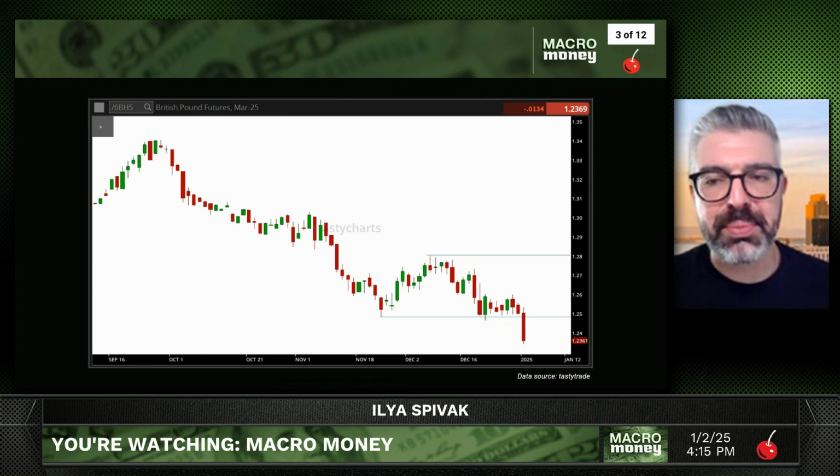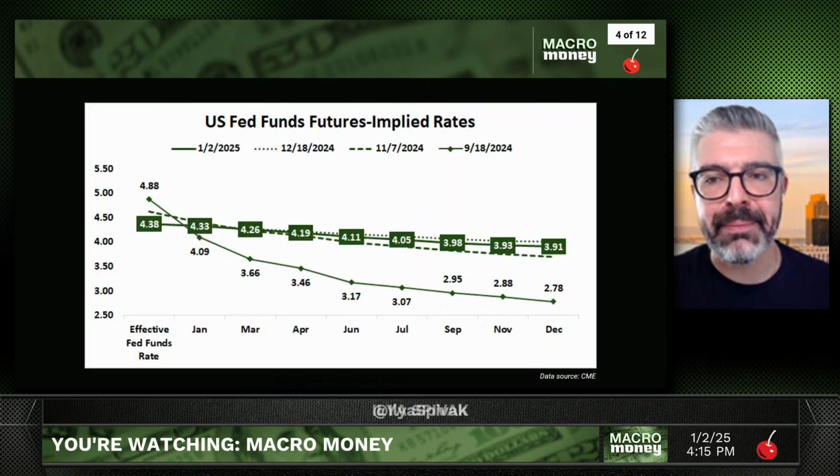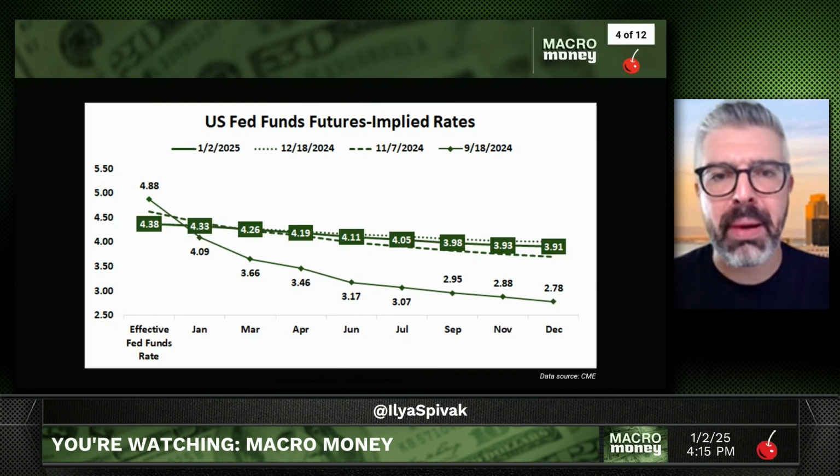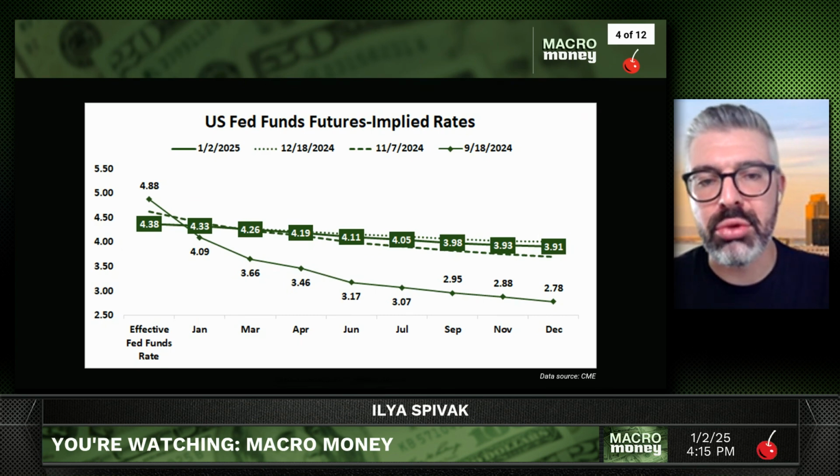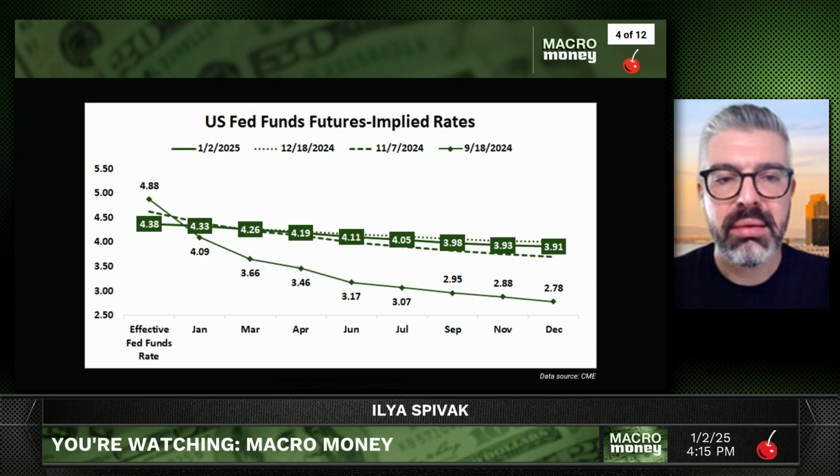And we've touched on this before, but we'll just quickly review. There has been a dramatic shift in U.S. monetary policy expectations from about mid-September through November and into the end of the year.